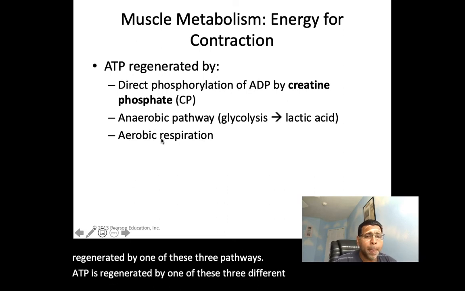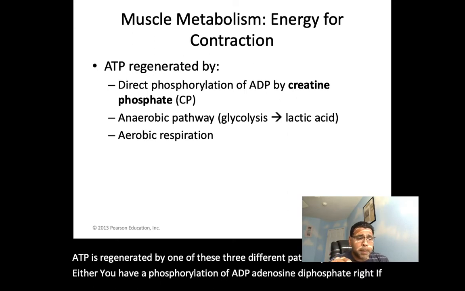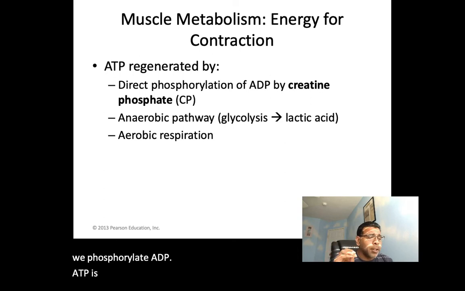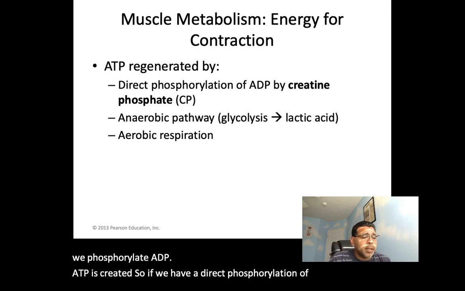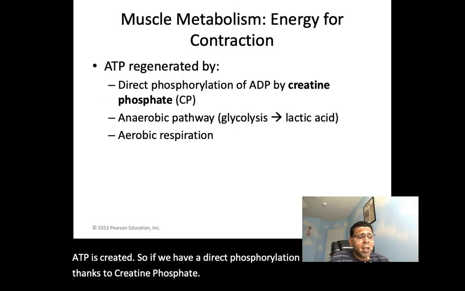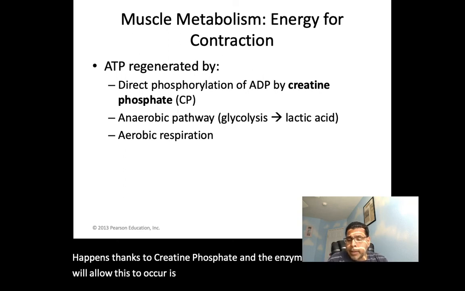One is direct phosphorylation of ADP, adenosine diphosphate. If we phosphorylate ADP, ATP is created. This happens thanks to creatine phosphate, and the enzyme that allows this is creatine kinase.